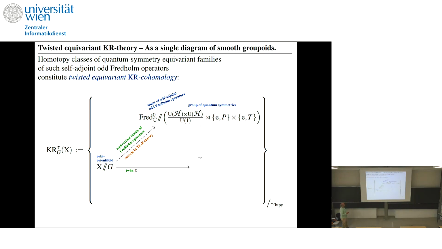And if we have any orbifold, denoted by these symbols here, then a G-equivariant family of such Fredholm operators, so something that over each point, say in the Brillouin torus, is such an electron-positron ground state, is just a map of stacks of this form. And this fibers over just the moduli stack of this group here, forgetting the Fredholm operators, that is the corresponding twist. So in stacky language, say in the infinity-topos of smooth infinity-groupoids, this is the definition of twisted equivariant K-theory. It's really KR theory then, because it involves this time-reversal symmetry, the relative homotopy class of that.